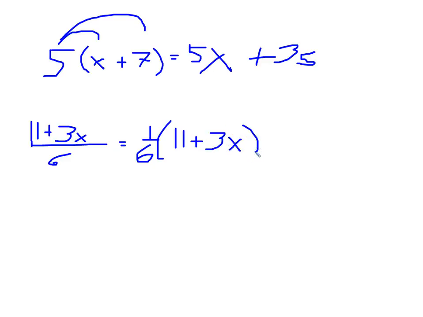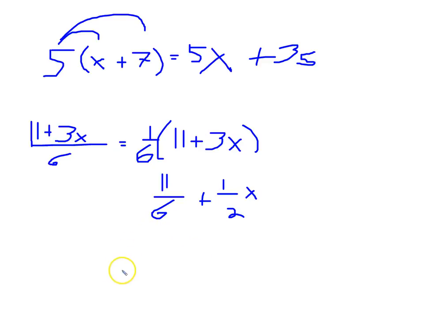And then from there we would simplify that and we would get 11 over 6 plus 1/2 x. So remember, we would get 3x over 6. 3 over 6 simplifies to 1 over 2, so that's the answer that we get there.